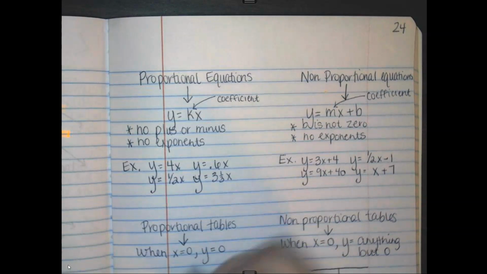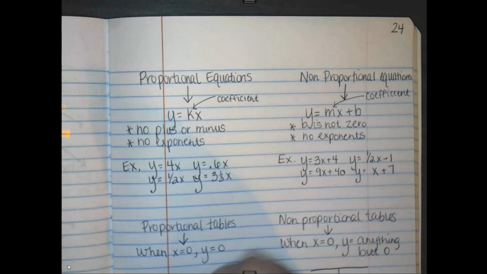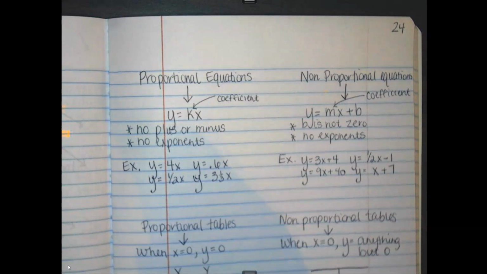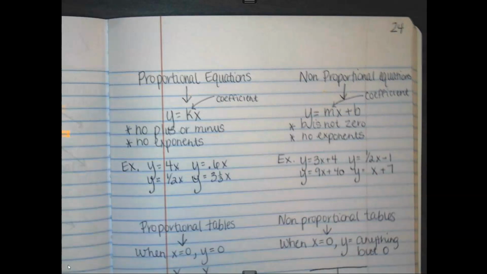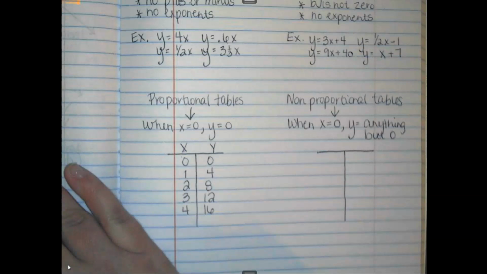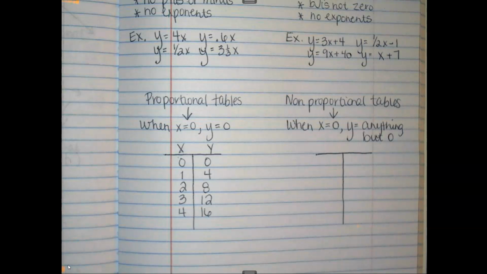Alright, so we have our X and Y. So we have 0, 0, 1, 4, 2, 8, 3, 12, 4, 16. So I guess I only needed 5 lines. Oh, sorry, I didn't even realize that wasn't on the screen. Give you a second to get caught up on that.